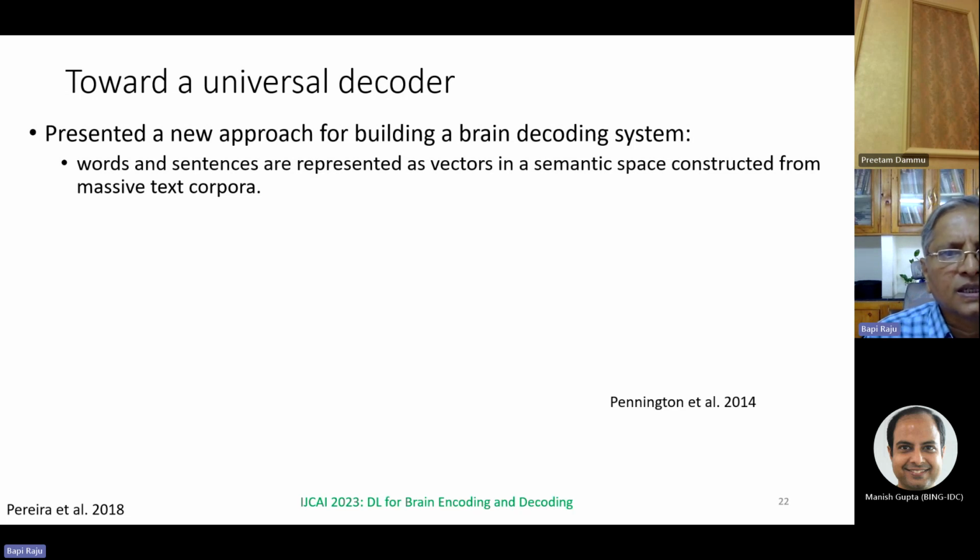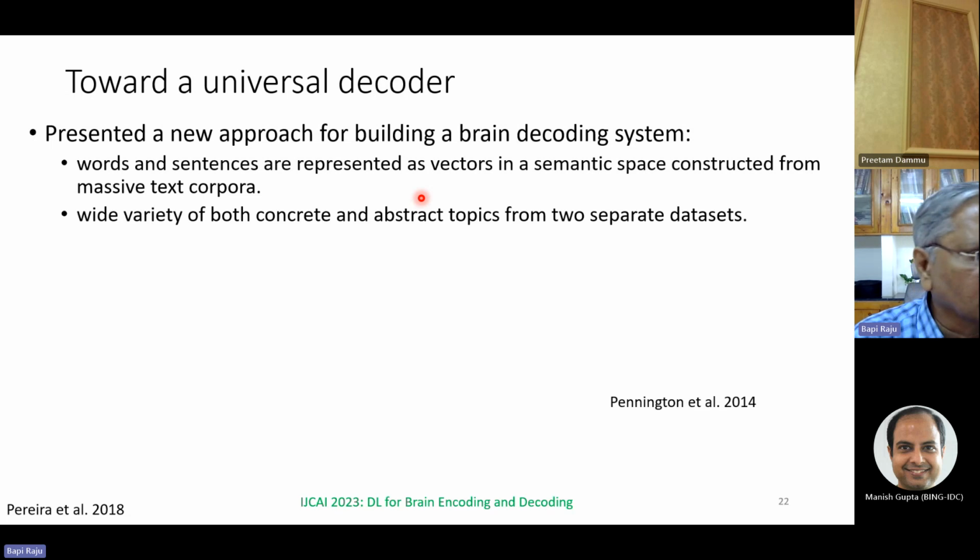These are gleaned from various large corpora, and words and sentences are represented using the representation schemes Manish went through. In this case, they use the global vector for word representation, the GloVe vector. A 300-dimensional GloVe vector is the representation for all these concepts.